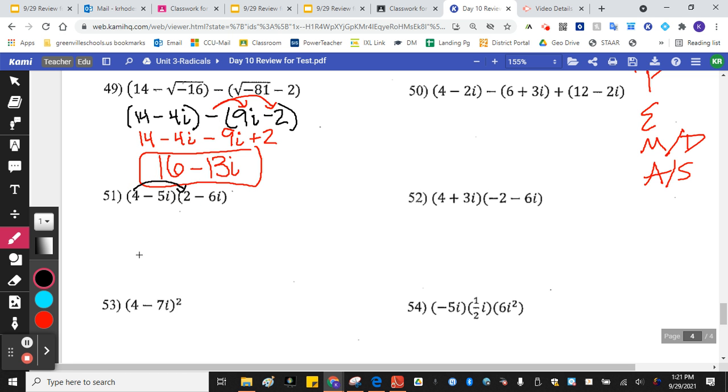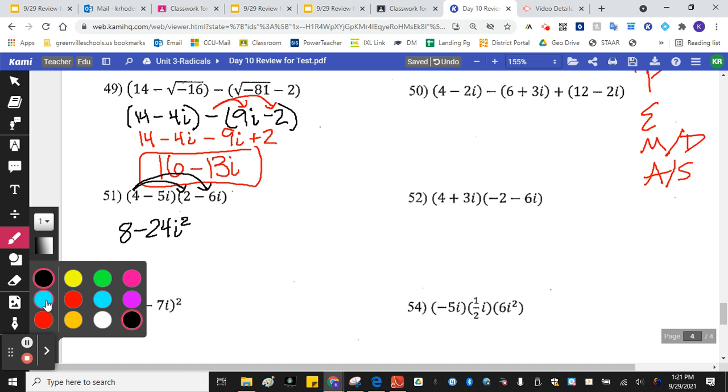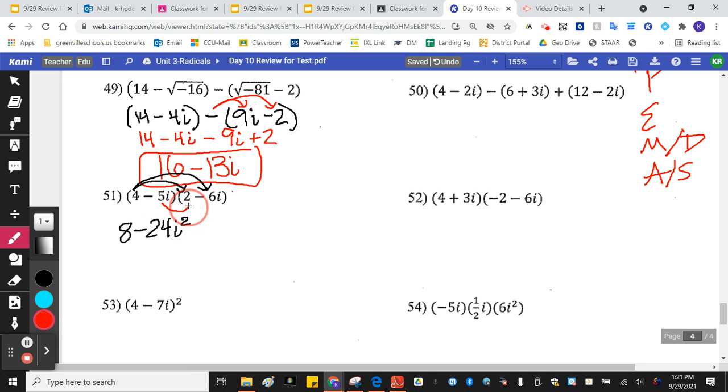4 times 2 is 8. 4 times negative 6i. Negative 5i times 2. Wait, why did I square that? That's not squared. Sorry.